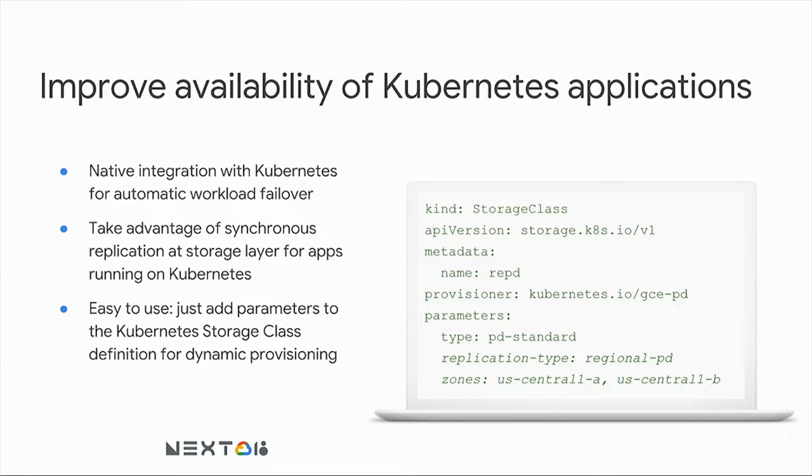So to enable automatic provisioning of regional persistent disks, all you have to do is add a couple new parameters to your storage class. One is the replication type to indicate that you want a regional persistent disk, and the second is zones to indicate which zones you want your persistent disk to be replicated in. And then Kubernetes will automatically provision a new regional persistent disk for you, and you'll use it in exactly the same way you're used to using persistent volumes in Kubernetes today.